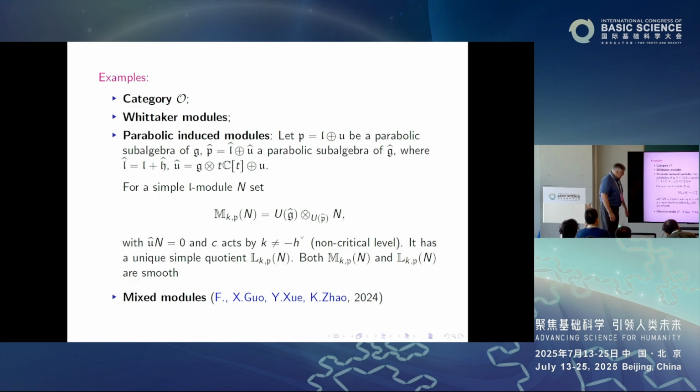There is another family, which I call mixed modules. So recently we obtained these modules with Xinxin Guo, Yao Hu Shu, and Kaimin Zhao. Why are they mixed? Because they combine two structures, a weight structure and a partial Whittaker structure. So the Whittaker structure is defined on the positive Heisenberg part.